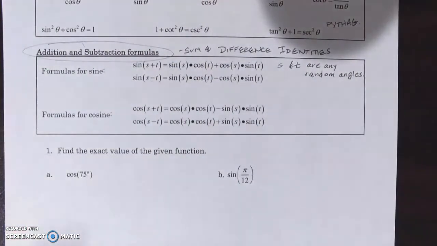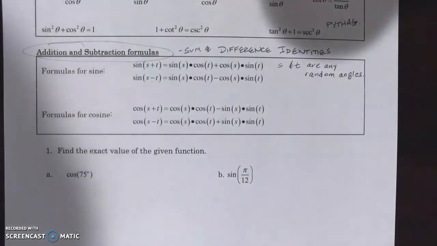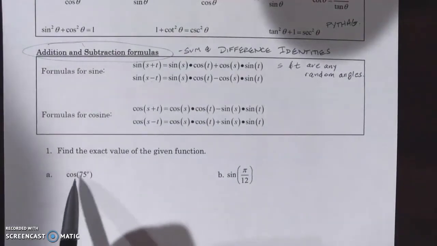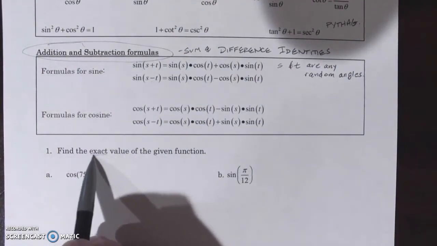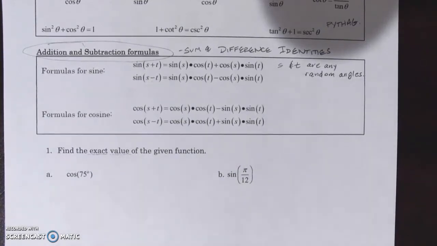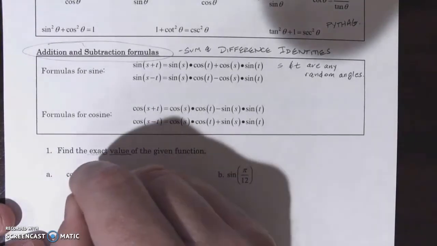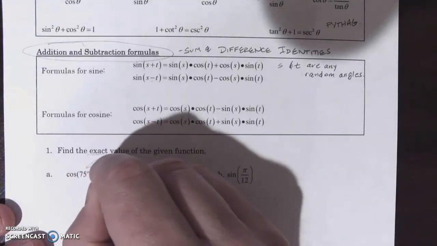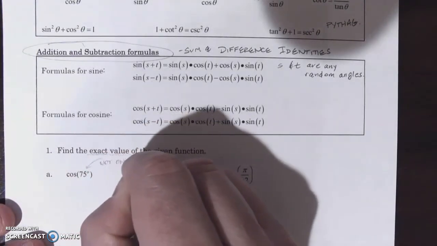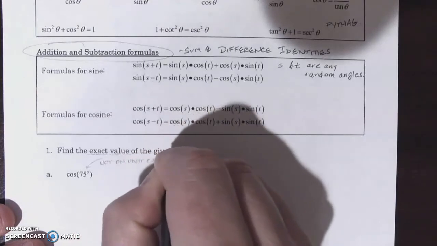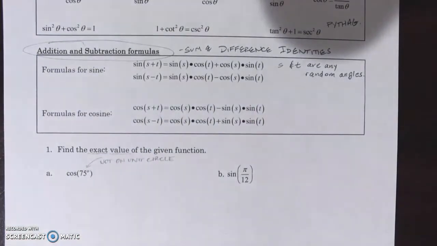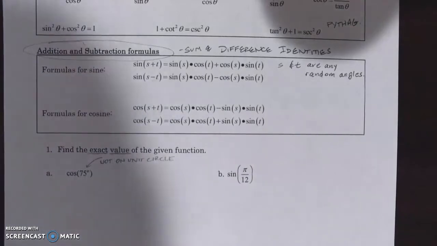Question number 1 says find the exact value of the given function. And we're asked to find cosine of 75 degrees. Important that we're asked for the exact value. This is not on the unit circle. So right now, before watching this video, before watching these notes, you can't give me the exact value of 75.